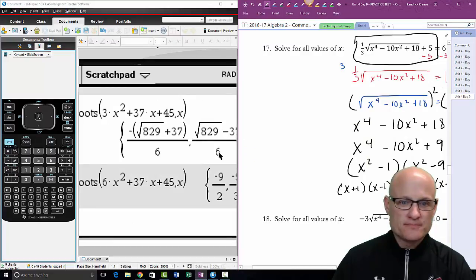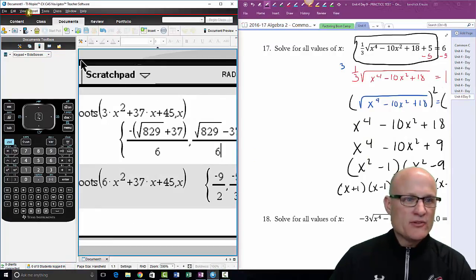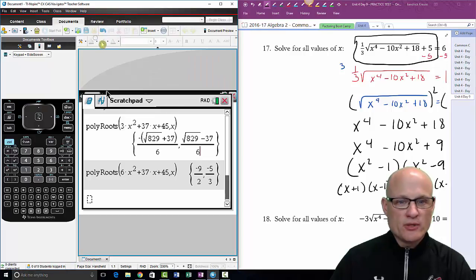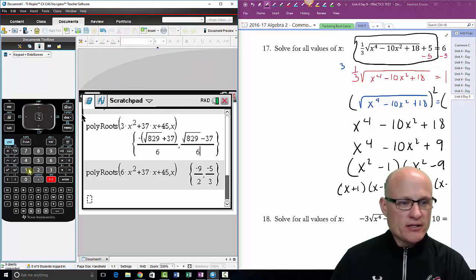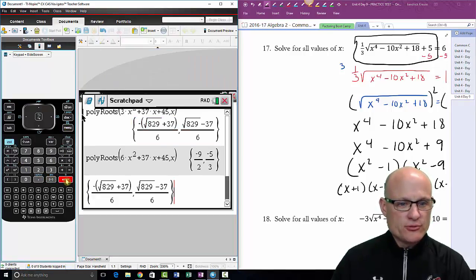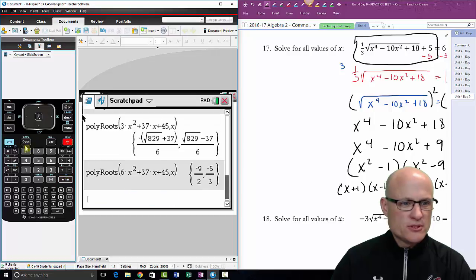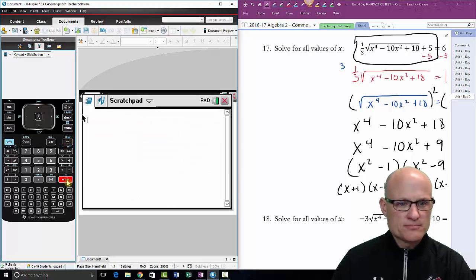All right, let's do it this way. Let me zoom out of this thing. I've got this zoomed in way too much. All right, so menu. Let's store negative 1 in x, and we're going to type this in. 1 divided by 3, the square root of x raised to the 4th minus 10x squared plus 18, plus 5.